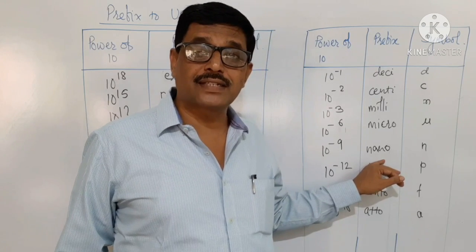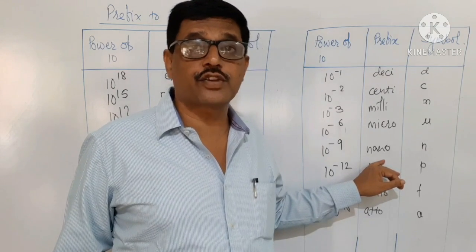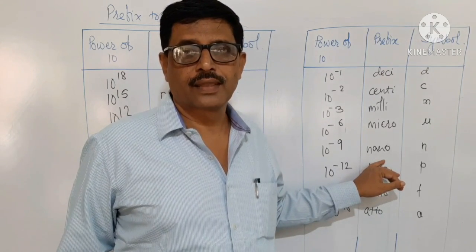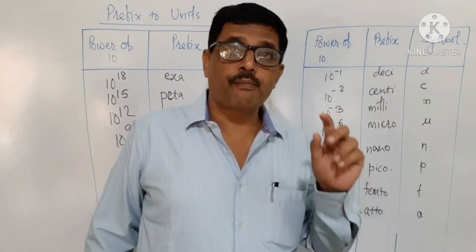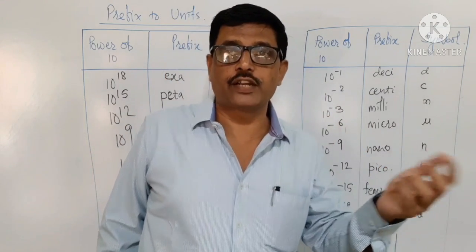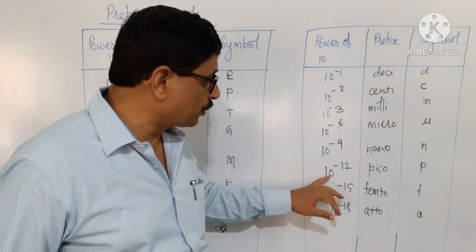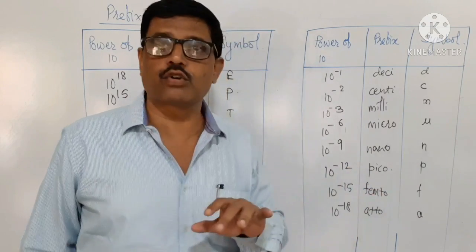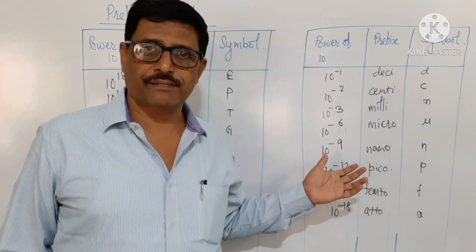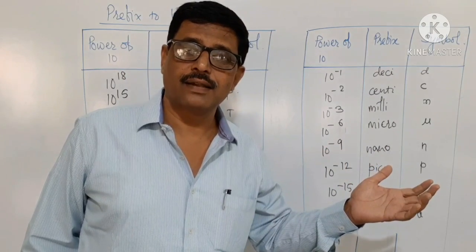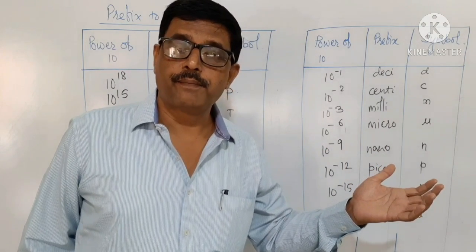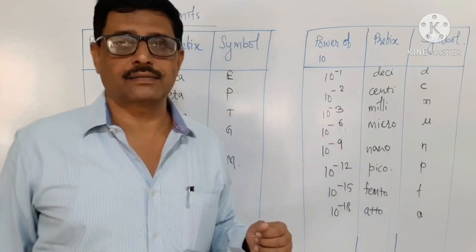Unit of capacity of a capacitor is a farad. If I say that capacity of a given capacitor is 5 picofarad, what it means is that it is 5 into 10 to the power of minus 12 farad. 10 to the power minus 12 farad is picofarad.